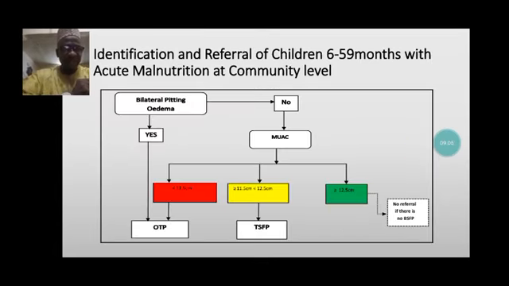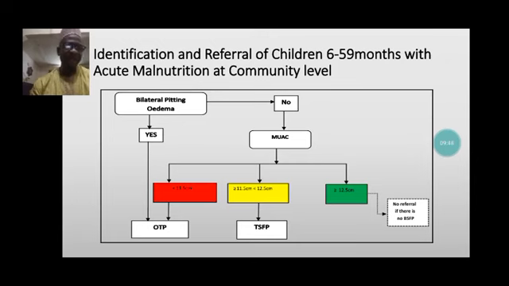Identification and referral of children between 6 to 59 months with acute malnutrition at community level. The moment bilateral pitting oedema is observed, such a patient should be referred. Such a patient can be said to have severe acute malnutrition, and should be referred to the OTP, outpatient therapeutic program.